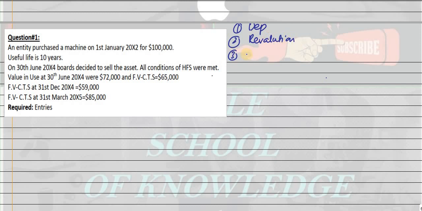Third, before classification as held for sale, we will do impairment testing, and that will be under IAS 36.